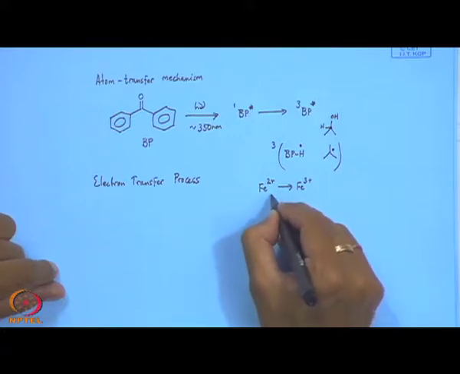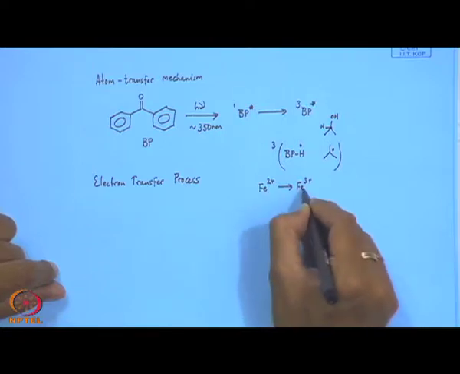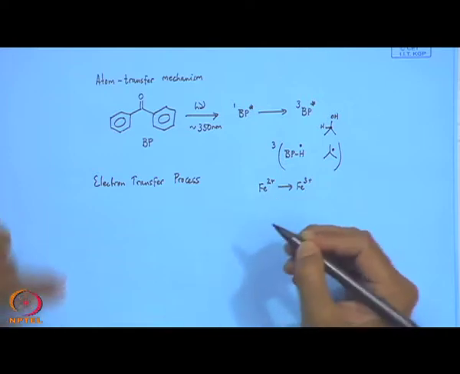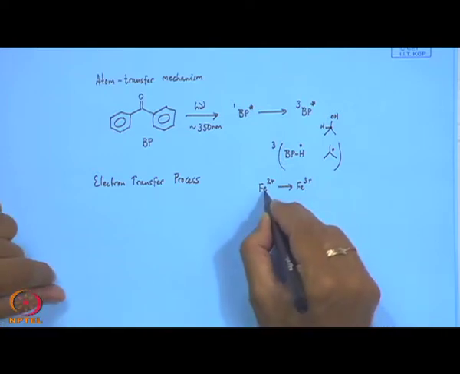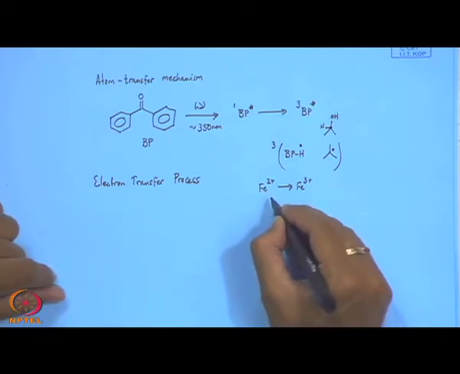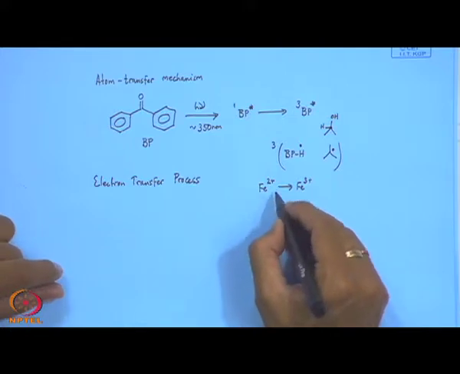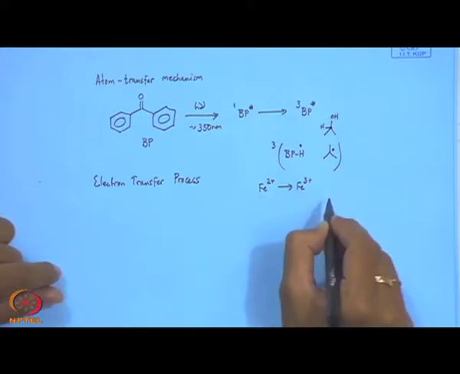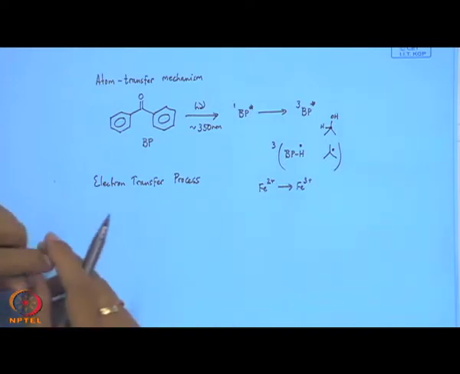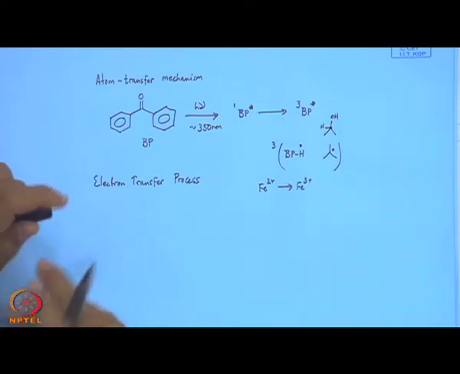While it is giving out the electron to another acceptor, it is getting oxidized. Whether this Fe2+ is going to accept the electron or give this electron to another species is very much dependent on the reduction potential of the systems which are interacting with each other.